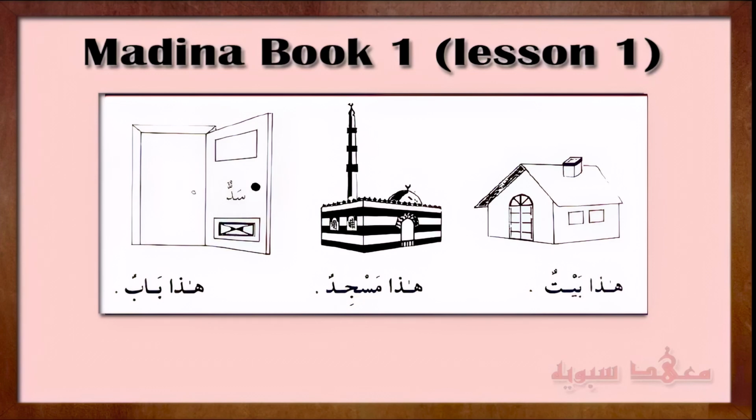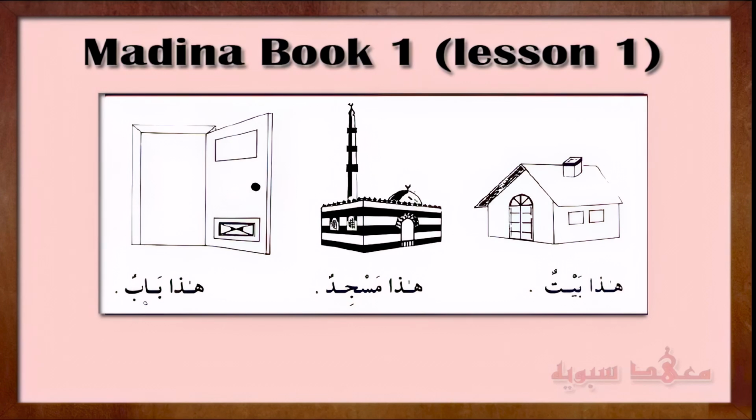Now, all these things that I mentioned, bayt, a house, masjid, mosque, or bab, these are all entities. Now, by default, entities are indefinite, for example, the word rajul, a man, imra'atun, a woman, kalbun, a dog, and so on.